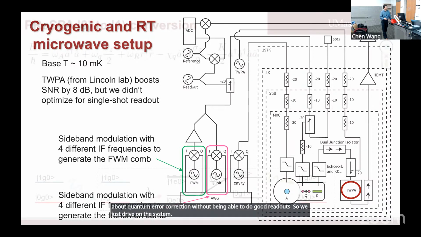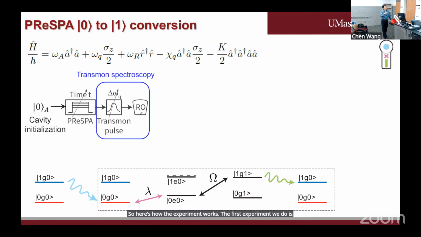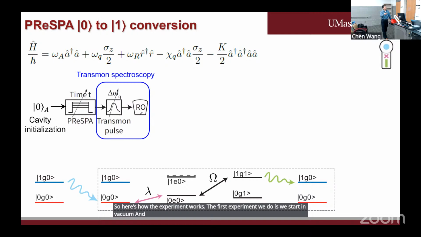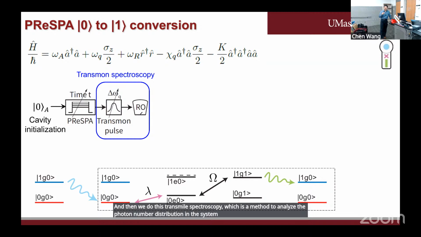So here's how the experiment works. The first experiment we do is we start in vacuum and we turn on a bunch of pump tones as we have described. And then we do this transmon spectroscopy, which is a method to analyze the photon number distribution in the system, because the exact frequency of the transmon tells us whether we have 0 or 1 or 2 or 3 photons because of the frequency shift.